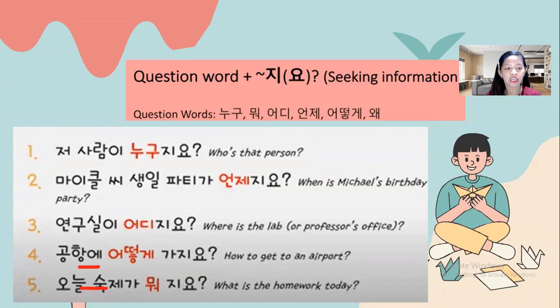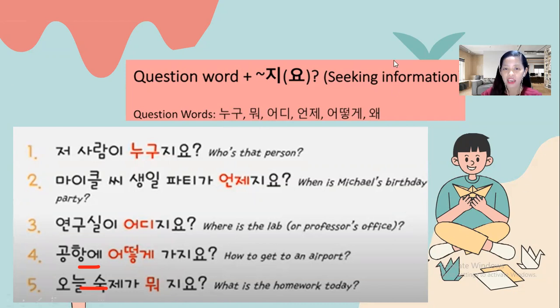For number three, 연구실이 어디지요? So it asks where is the lab. For number four, 공항에 어떻게 가지요? It asks how to go to the airport. And for number five, 오늘 숙제가 뭐지요? It asks what is the homework for today.